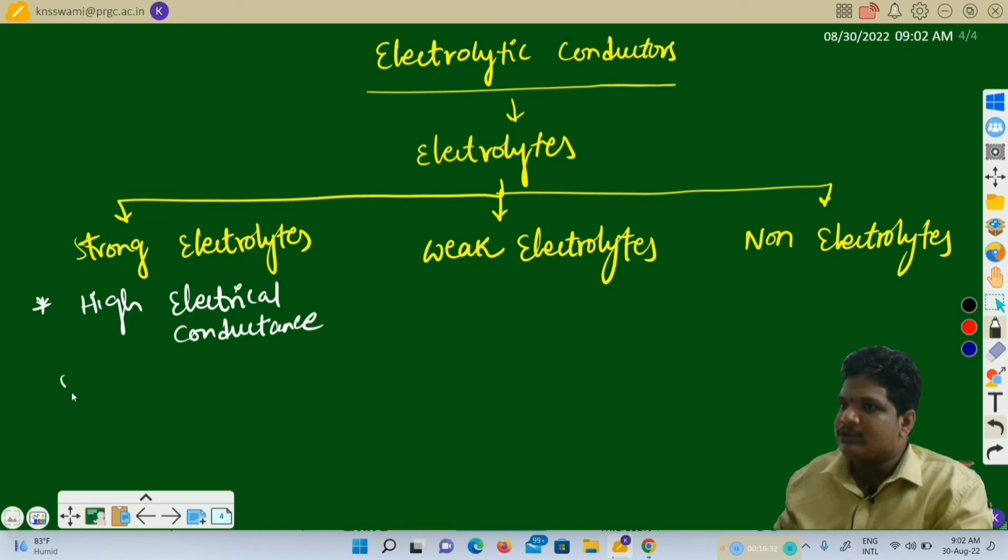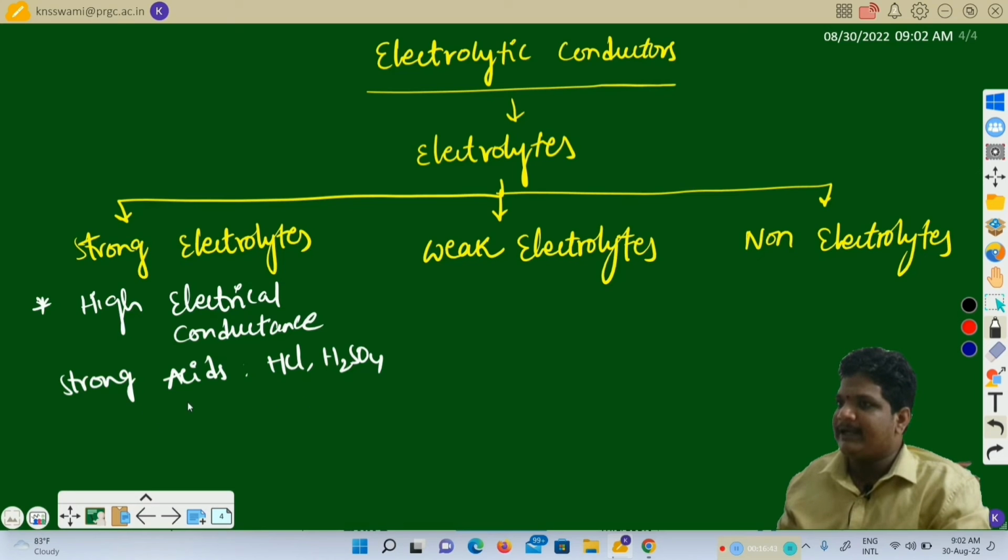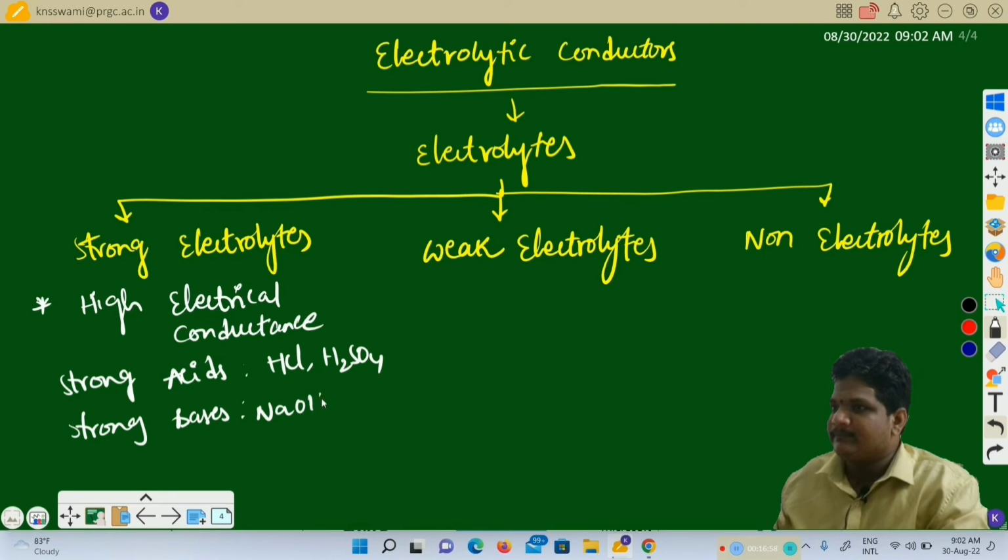For example, strong acids like HCl, H2SO4. These are strong acids which can produce high electrical conductance. Strong bases like NaOH, KOH can also produce high electrical conductance.